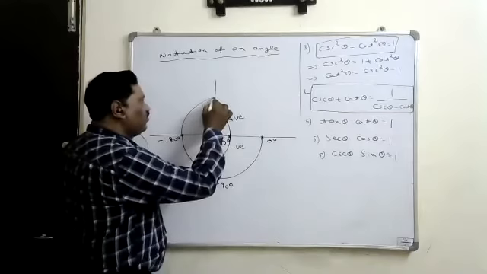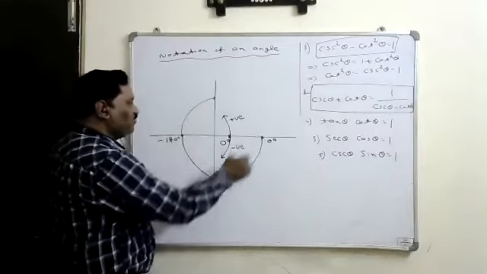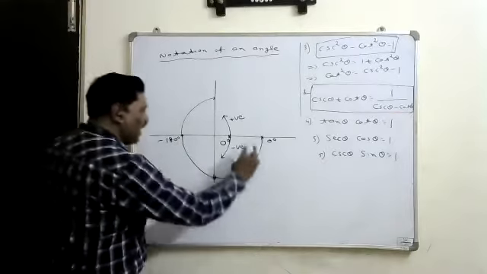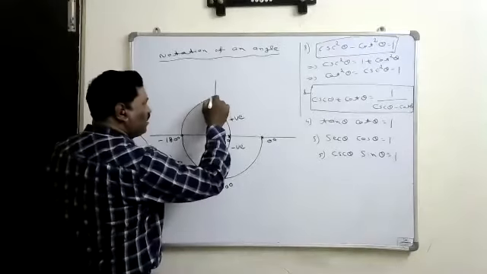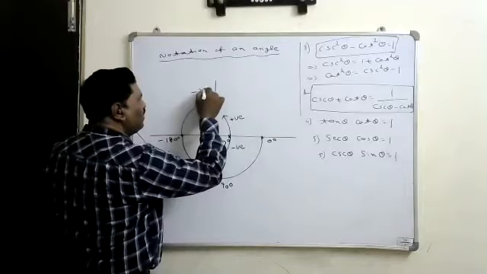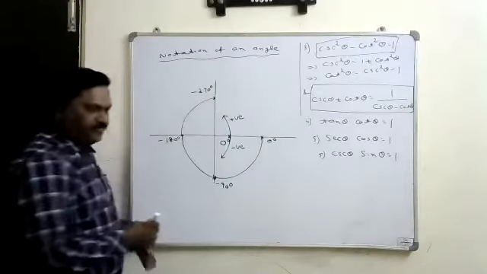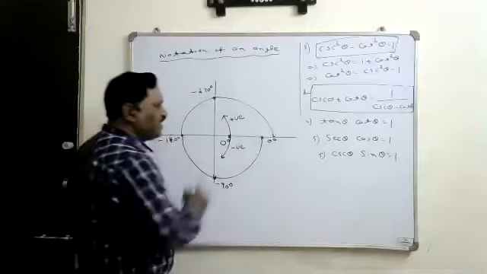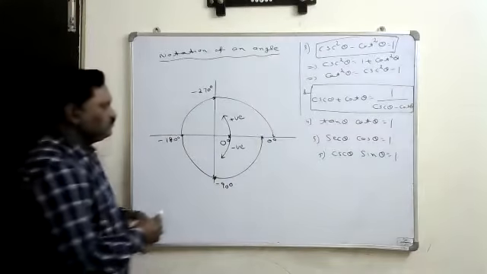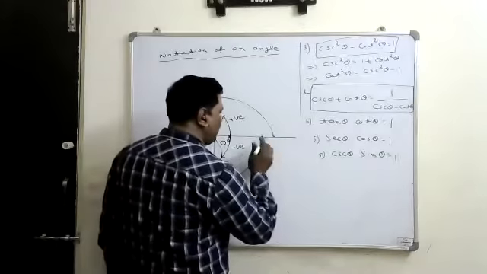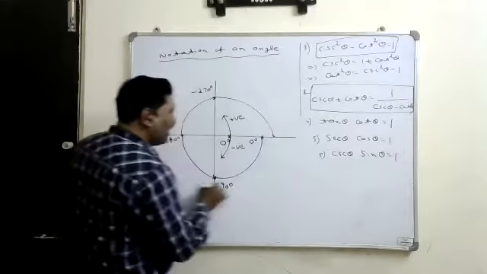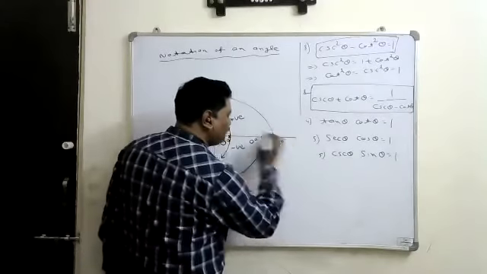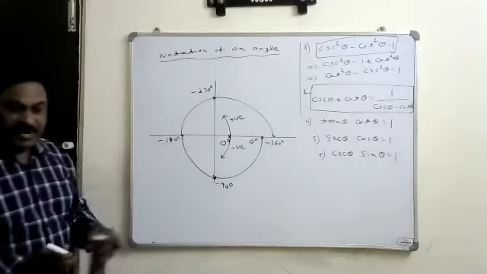If I take 90 more, the total angle is 270, but in the clockwise sense, so it is minus 270 degrees. Further, up to here, 360 degrees, but clockwise, so that is minus 360 degrees.